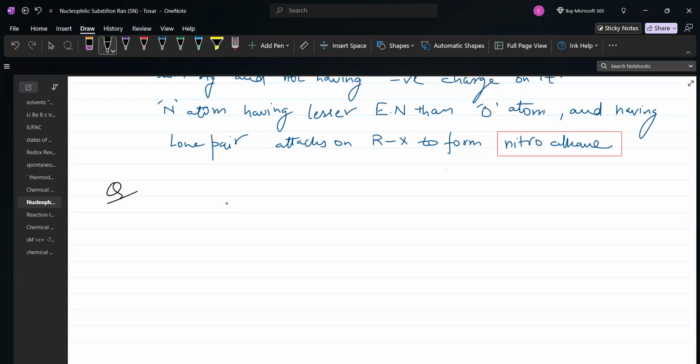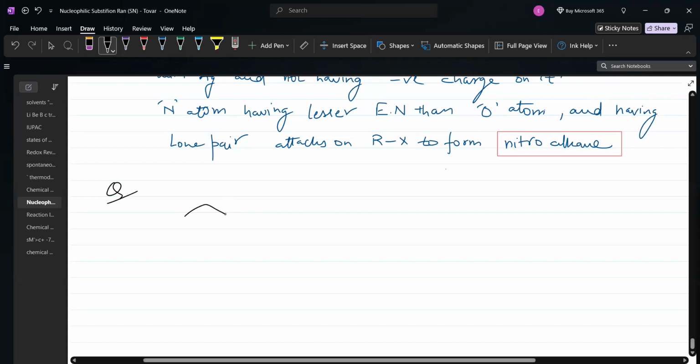So we are having an SN1 reaction, and we have this compound, numbered 1 2 3 4. We have an OH group present here, and we have a methyl group present here, and we are doing the reaction with HBr.